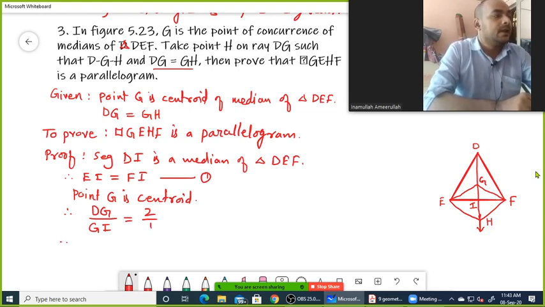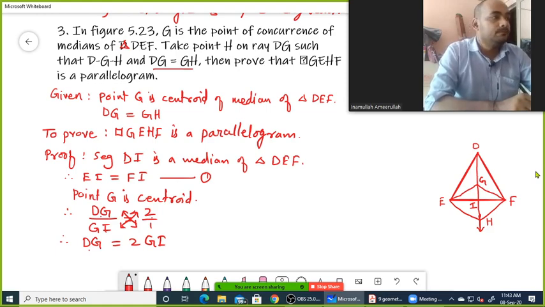So here I can say DG is 2 times GI. We are cross multiplying them. When you multiply DG with 1, it will remain as DG, and when you multiply 2 with GI, it will become 2 times GI.